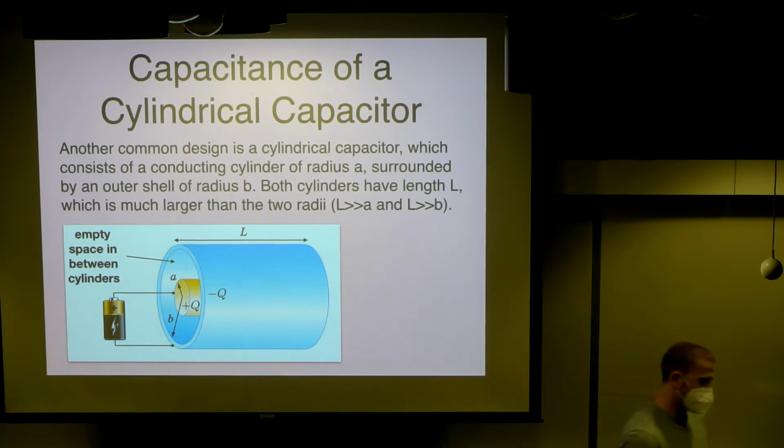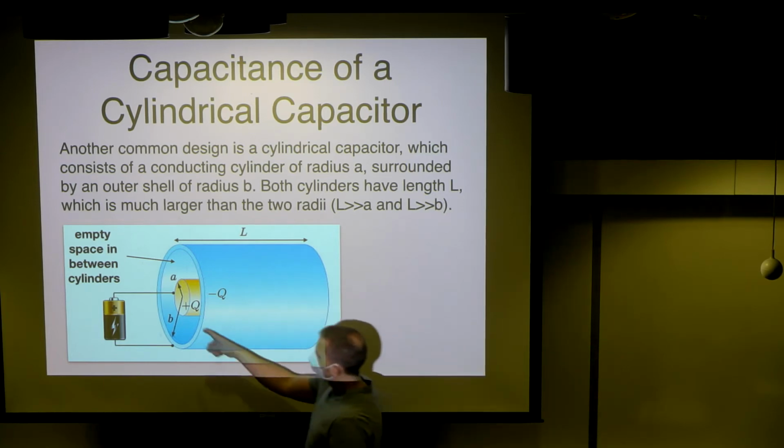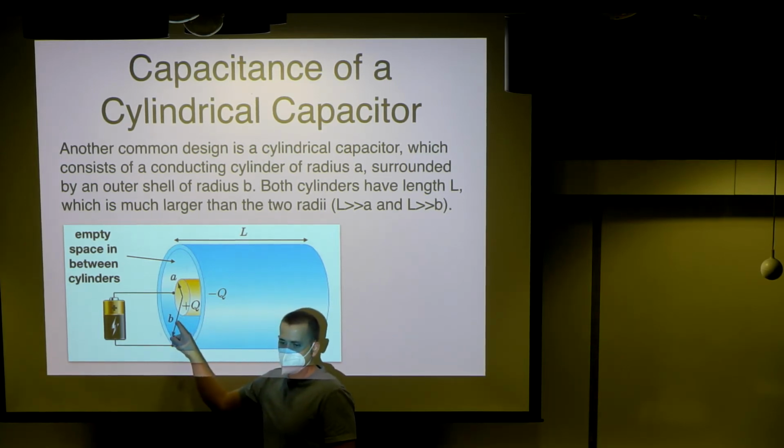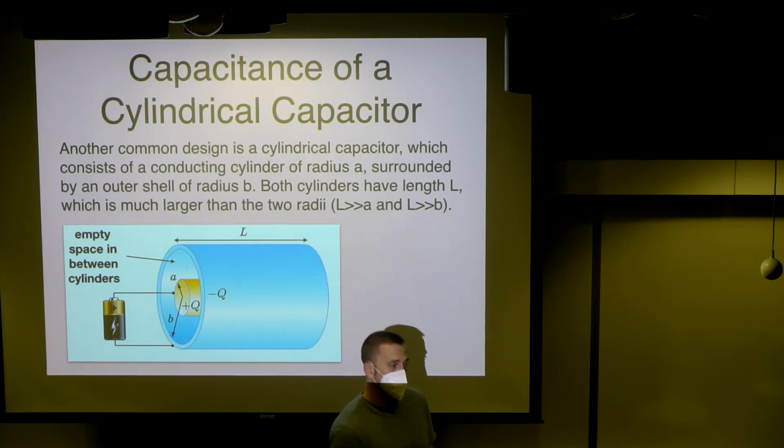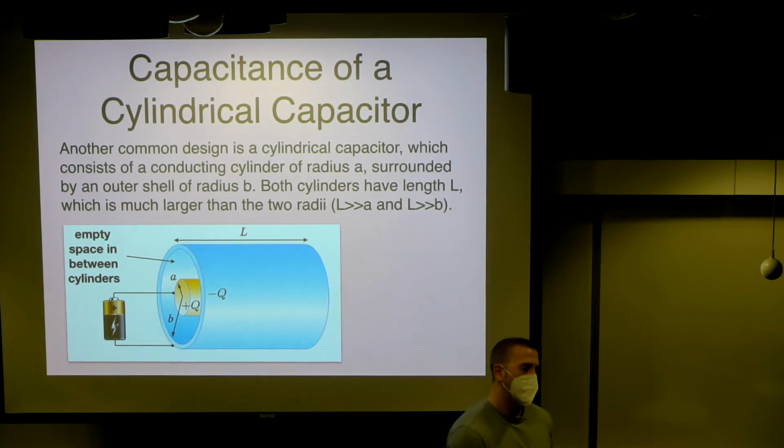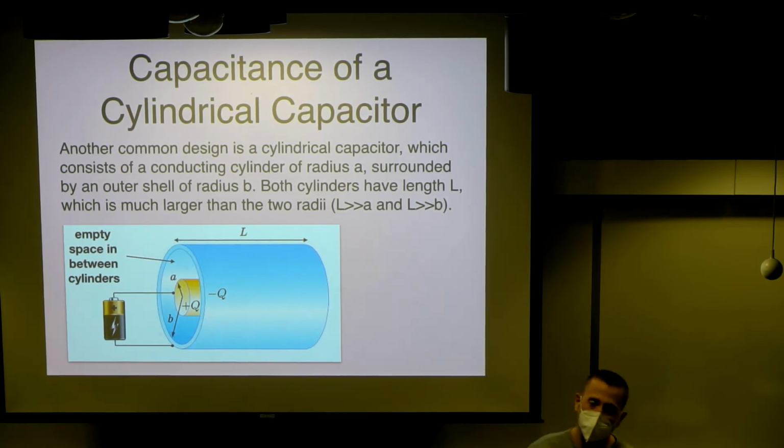So let me just remind you of what the steps are. First, we're going to calculate what the E field is between the 2 conductors. Then we'll use that to calculate the voltage between the conductors. And then finally, we'll use that to calculate the capacitance of this whole thing. Make sense? So those are the 3 steps we'll take. Let's do it now. By the way, what should I use if I'm trying to calculate the E field between the 2 conductors?